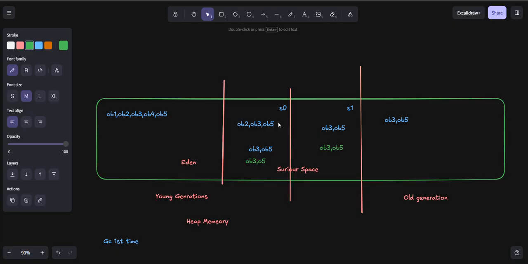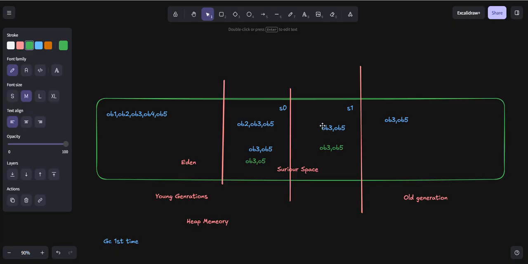Now the second time GC runs, it identifies that object 2 is also unreferenced, so it moves object 3 and object 5 to the next space, that is S1. Object 3 and object 5 are moved to S1.